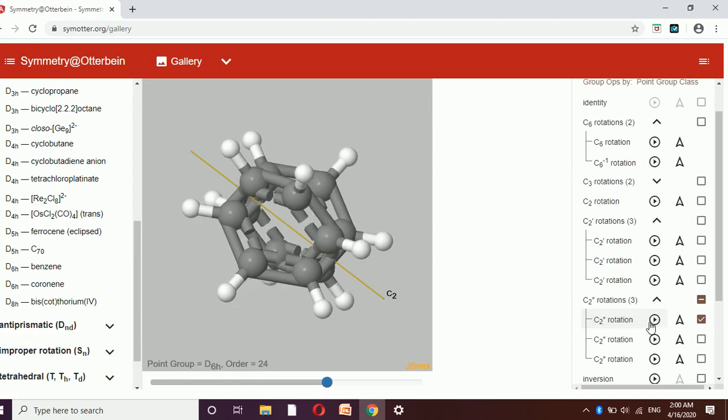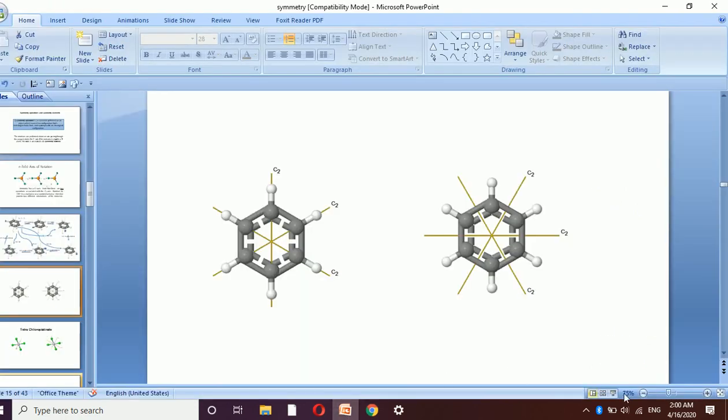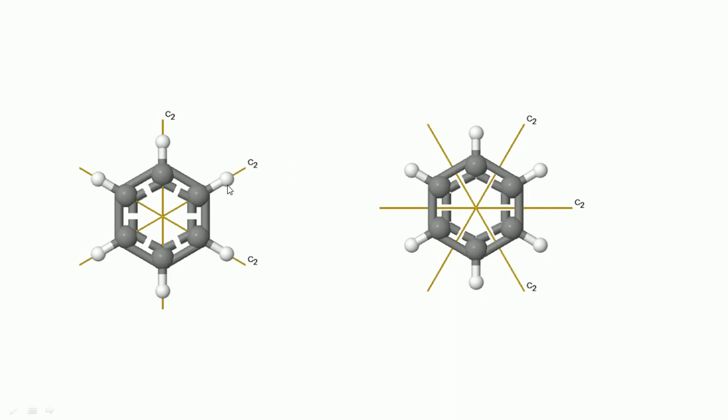So you have 2 types of C2 axis which you can represent like this. One set of C2, they are all passing through carbon and hydrogens like this. And here you have another three sets of C2 which are all passing through the center of carbon-carbon bonds which are facing each other like this.